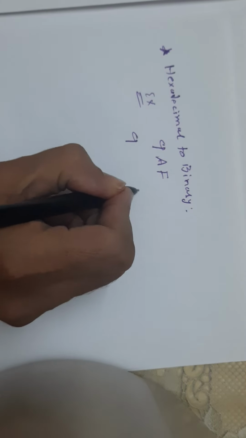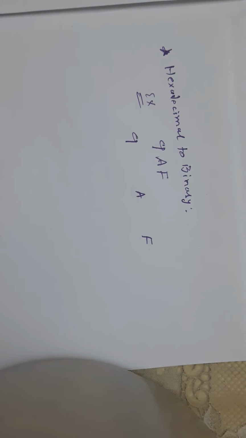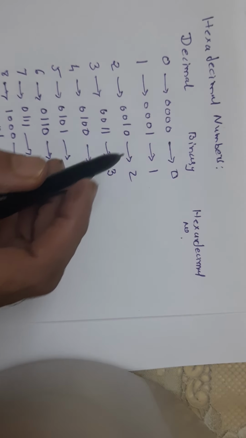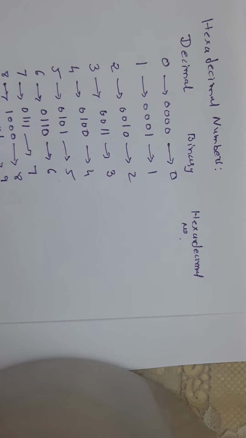So 9AF, from this table, 9 means 1000, A means 1010, F means 1111, right?